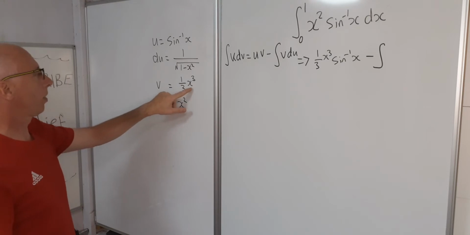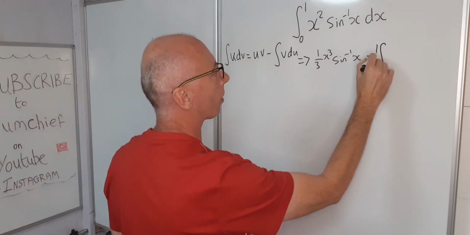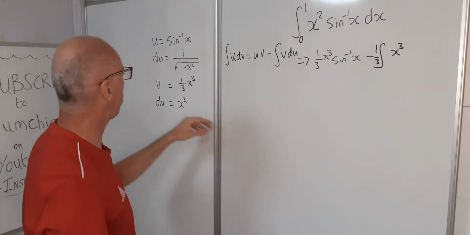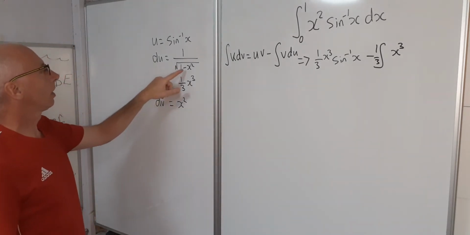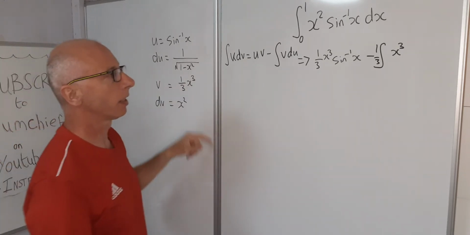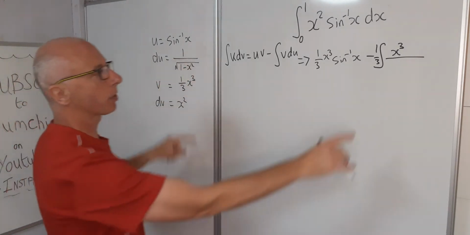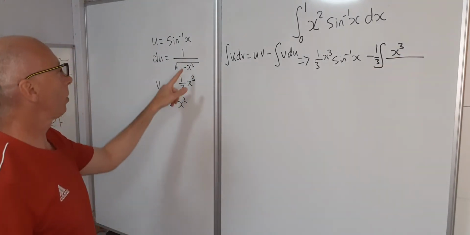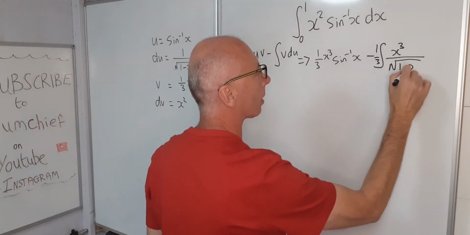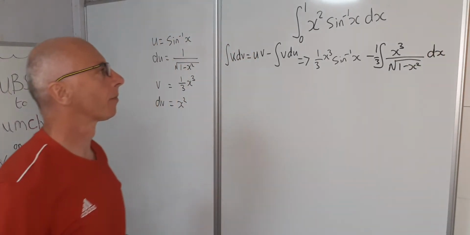So v is 1/3 x cubed, so we can bring the 1/3 out front and go x cubed. We've not changed the value of anything here yet. And du is 1 over the square root of 1 minus x squared. So basically all we need to do is put this square root term on the bottom, 1 minus x squared, and then dx, not forgetting the dx.